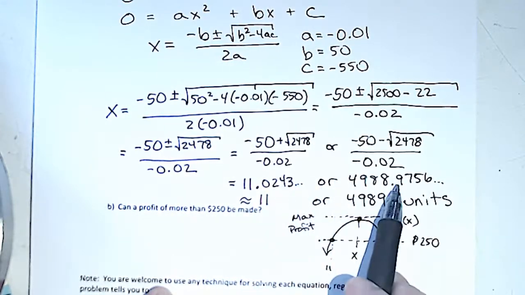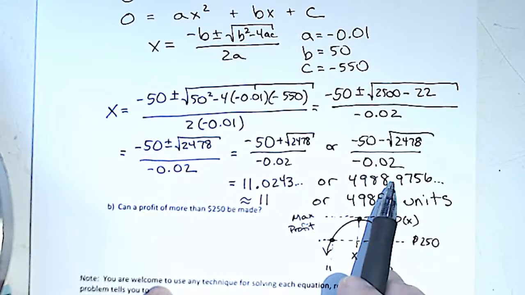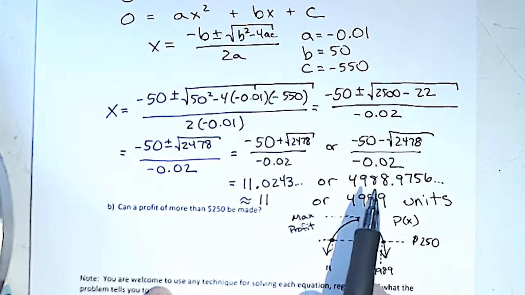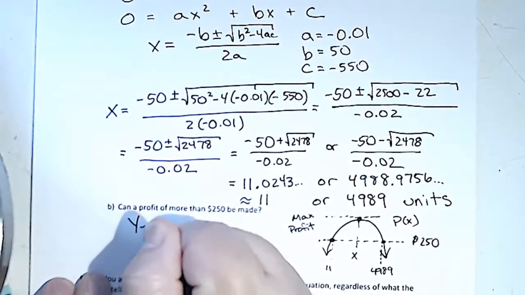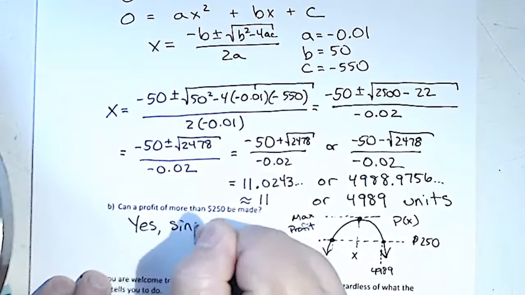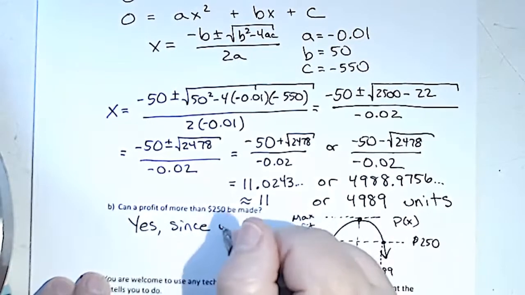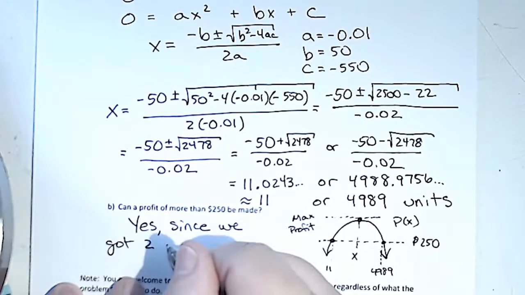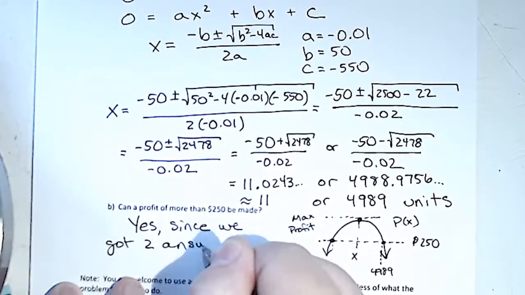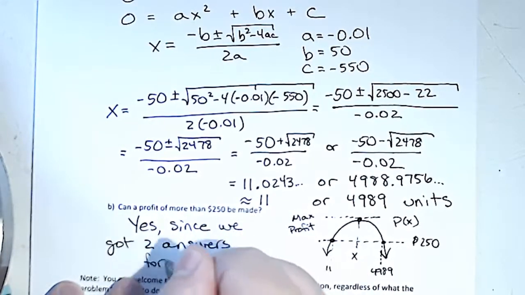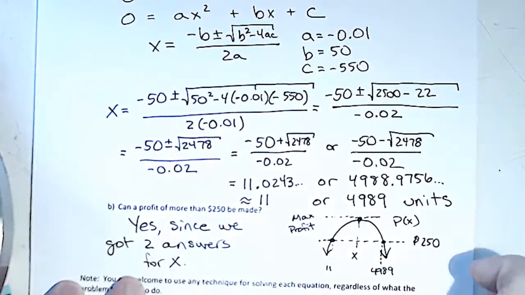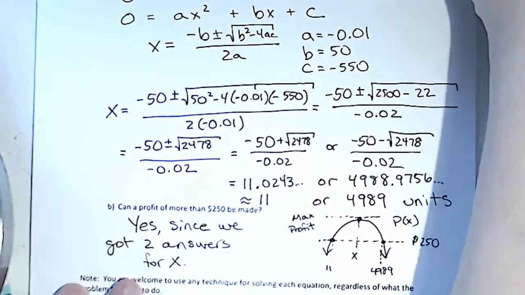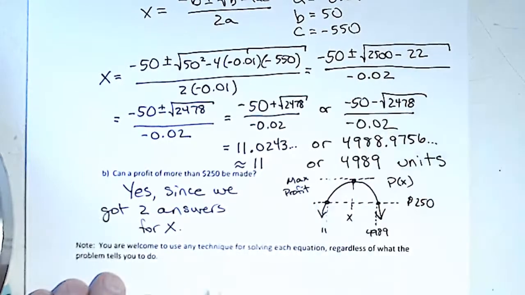So it's going to lie exactly between these two, which may or may not give us quite the same answer. But my guess would be it would be somewhere around there. So the answer is yes, because we got two answers for x.